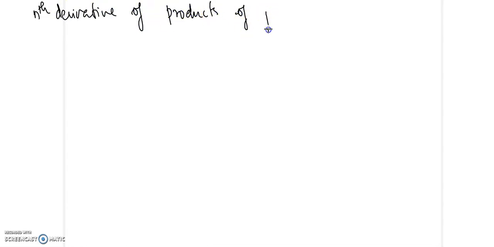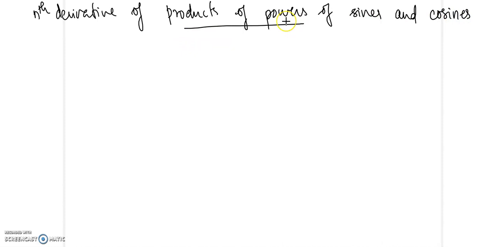Let's look at the next type of problems, that is finding the nth derivative of products of powers of sines and cosines. So when you have products of powers of sine and cosine functions, let us look at how to find the nth derivative.